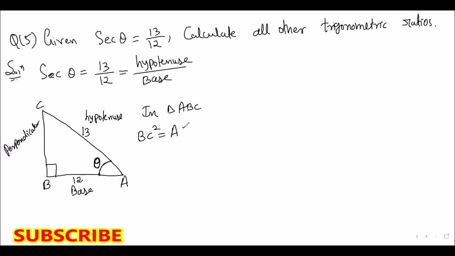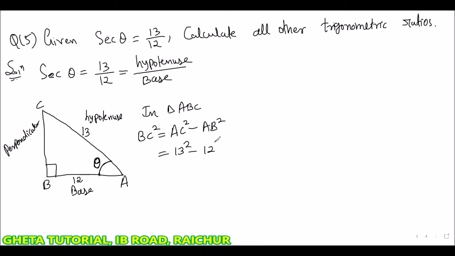Always first we write the hypotenuse, AC square minus AB square. So AC is 13 square minus 12 square, 169 minus 144. What will come here? 25. So BC square is 25, BC is equal to root 25. Therefore, BC is equal to 5 units. Here we got the 5 units.